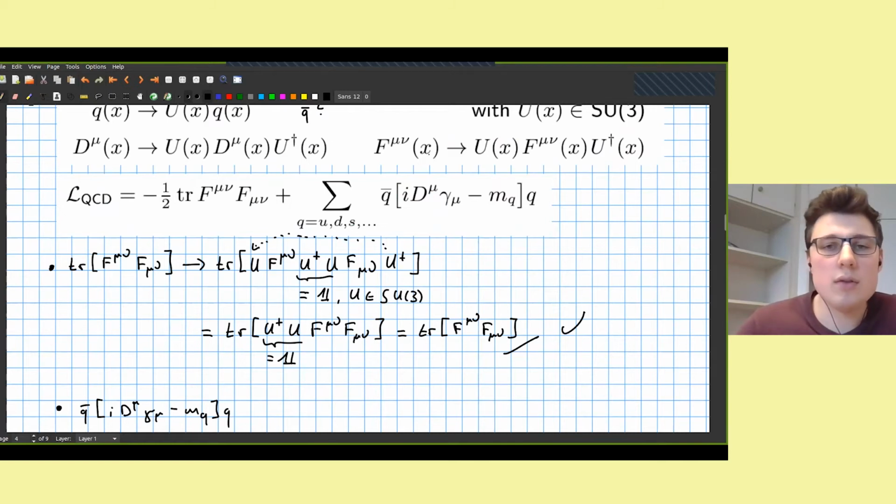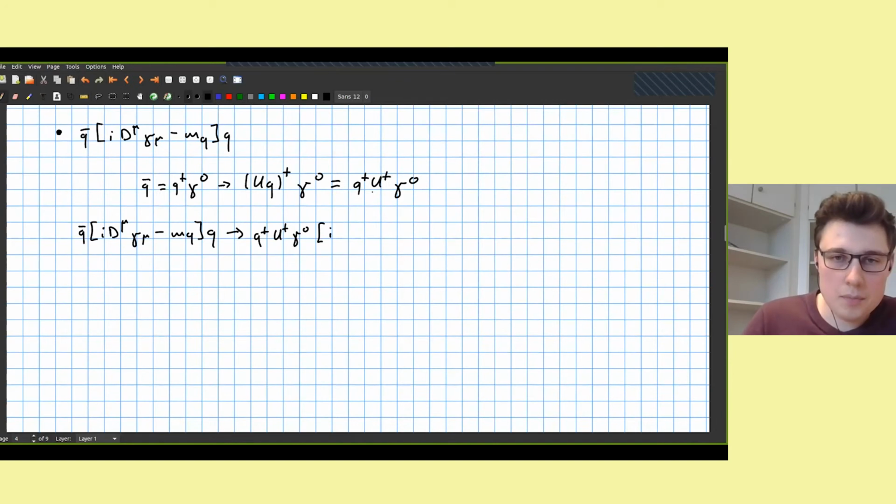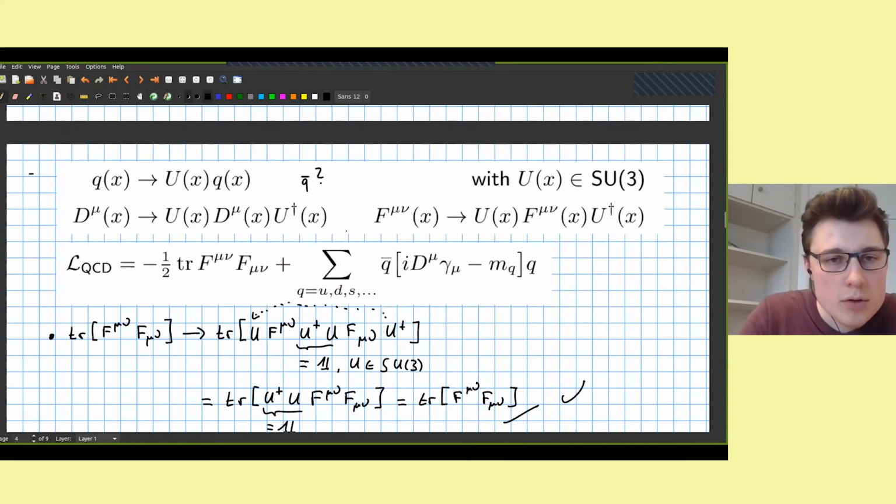Exactly similar to the transformation behavior of F mu nu, which is somewhat expectable because F mu nu can be given as a commutator of these derivatives. Okay, let me check.